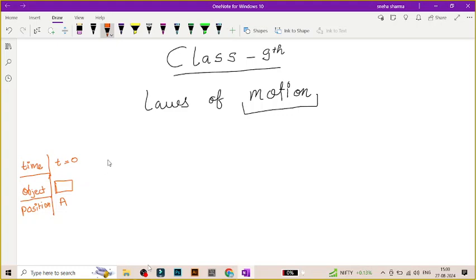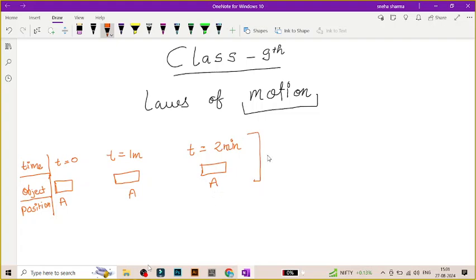Now at time t equals 1 minute, the box still remains at position A. Further, at time 2 minutes, the box still remains at position A. So what does that mean?